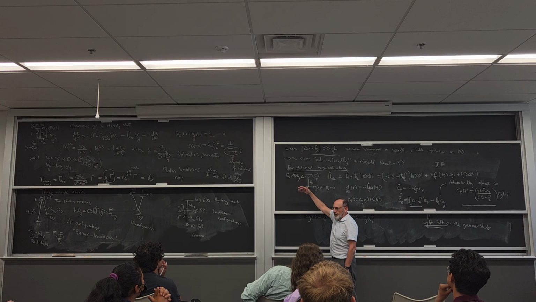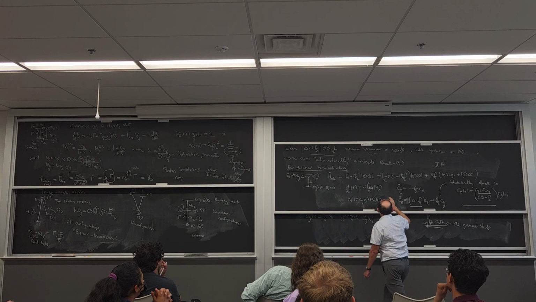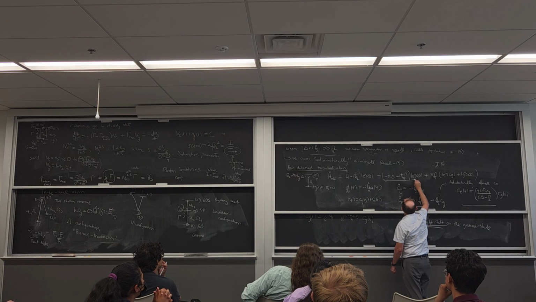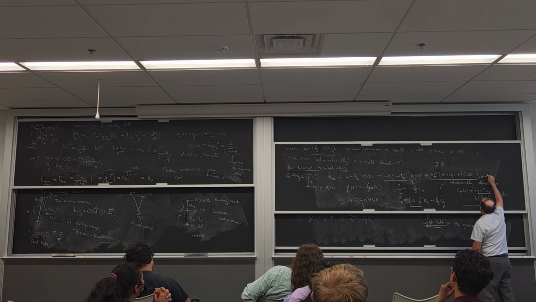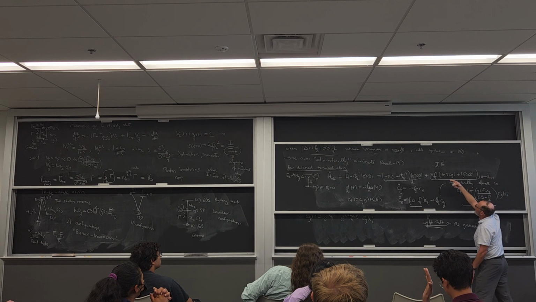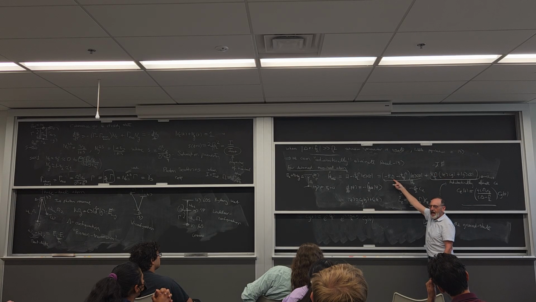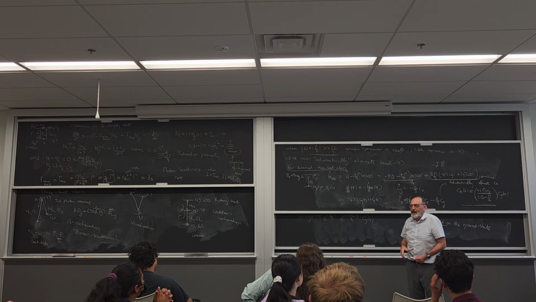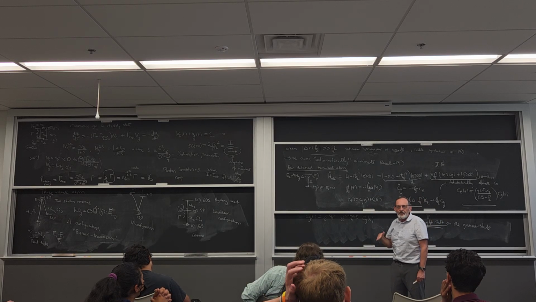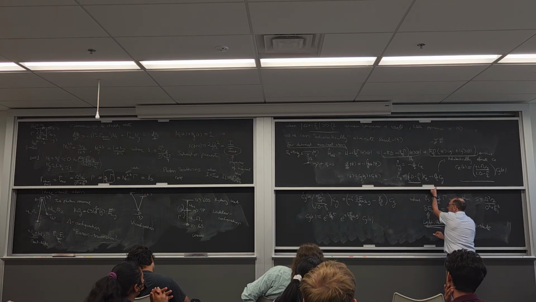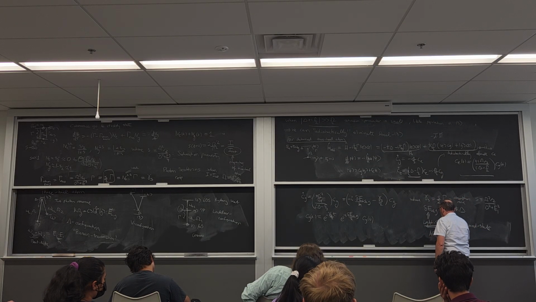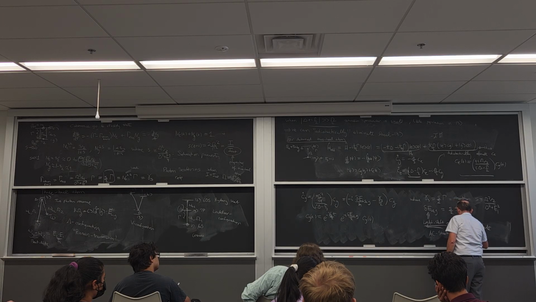By perturbation theory. The perturbation theory is this is my H0, and this is my H int. And to the degree to which this is small compared to that, we know how to do perturbation theory. And perturbation theory tells us how energy levels shift. The light shift is also known as the AC Stark shift. Why is it called the AC Stark shift?